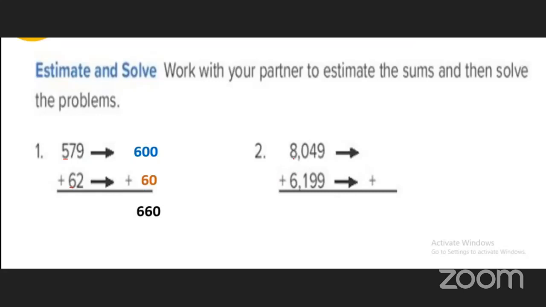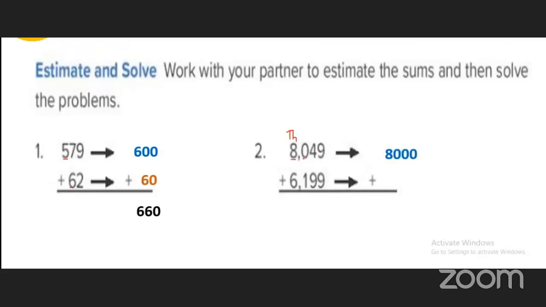Number 2, 8,049 plus 6,199. So first, estimate. 8,049 will be estimated and related to what? Related to its highest place value. Its highest place value is 1,000. So we make rounding or estimation to the largest place value. 8,049 estimates to 8,000.